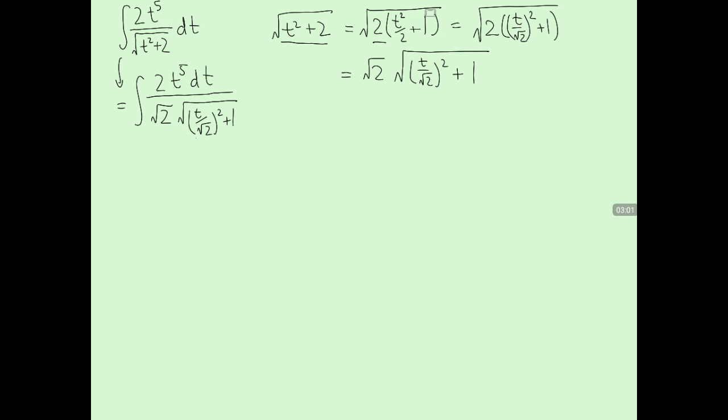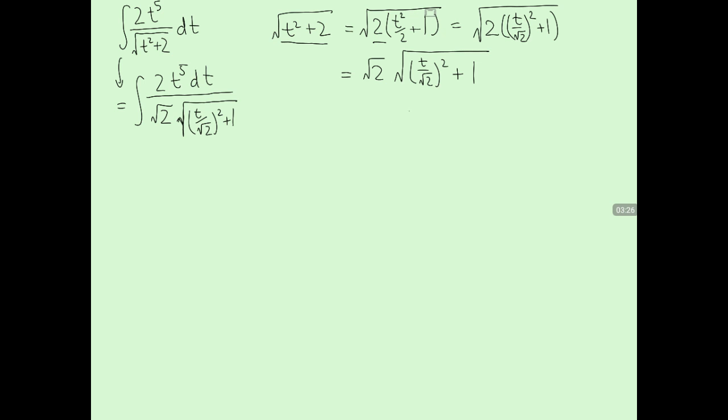Now this is all under the radical over here. I'll just make it longer so that it'll fit everything. So now we want to choose something to substitute for t over root 2, and we want this to be able to cancel out. So we would need to use a trigonometric substitution for this problem.